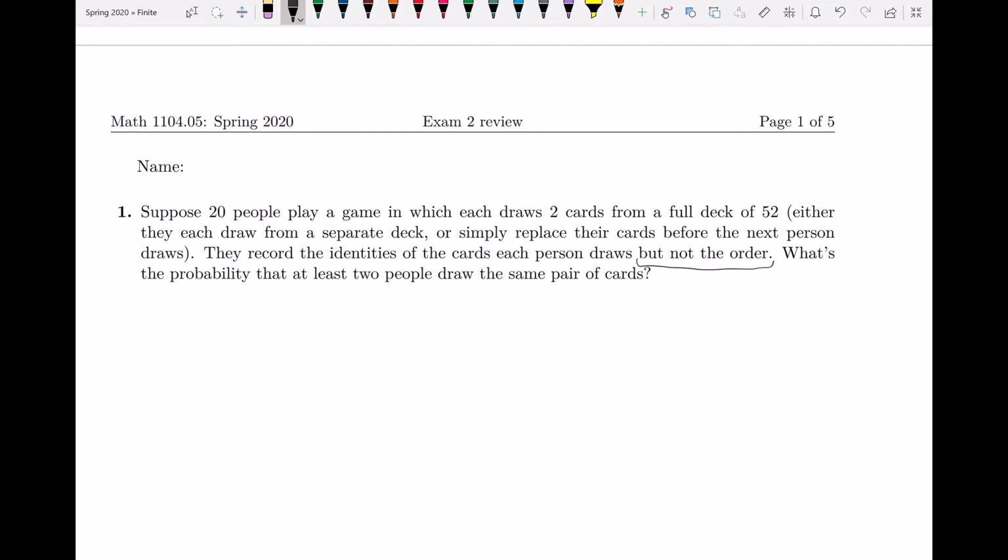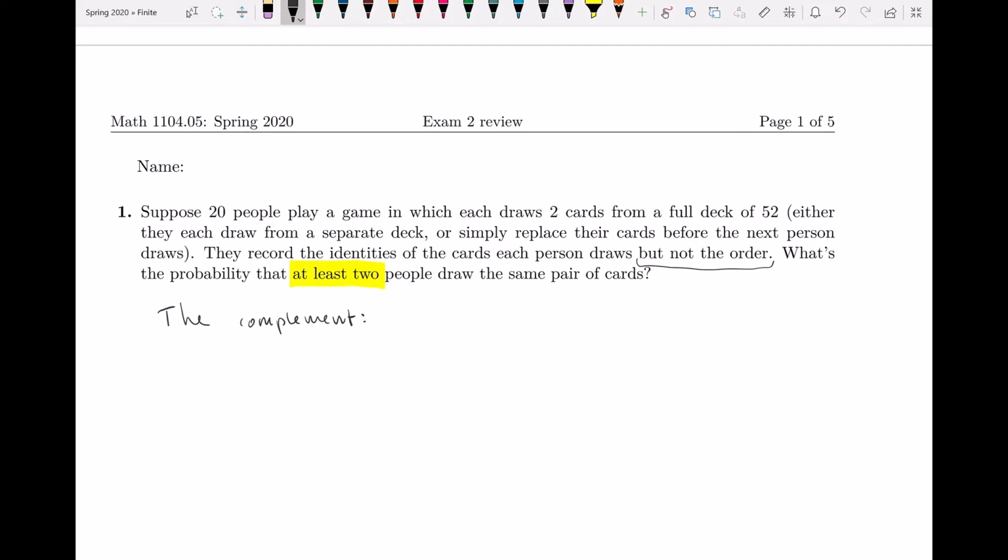Well, this "at least 2" indicates immediately that we probably want to flip this probability on its head and compute the opposite. So the opposite, or rather the complement, of at least 2 people doing something is that none of them do it, and that's generally easier to compute.